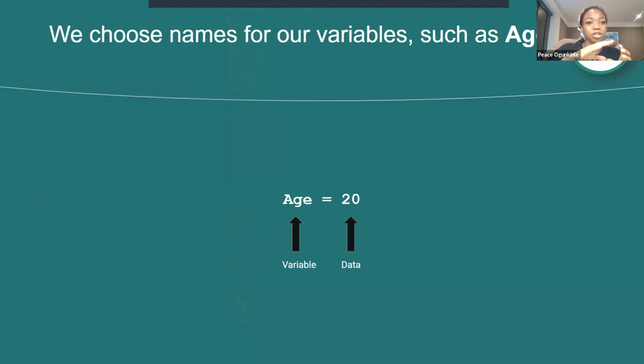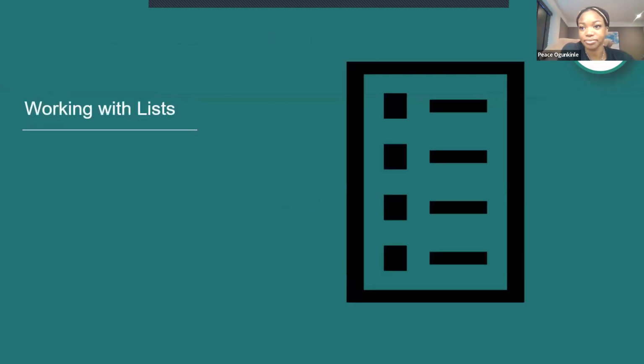You're placing the number 20 inside the variable. So you just do variable name equals value. So the variable name in this instance is age, and the value we're putting inside that container is the number 20. So the type of that variable is a number. We're storing a number. Next slide, please.